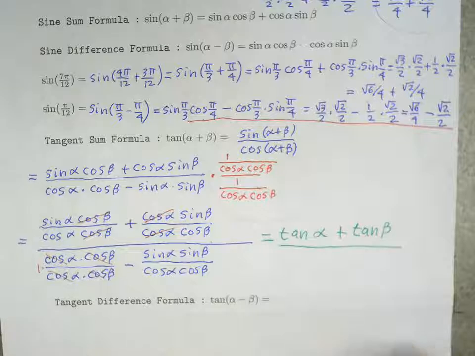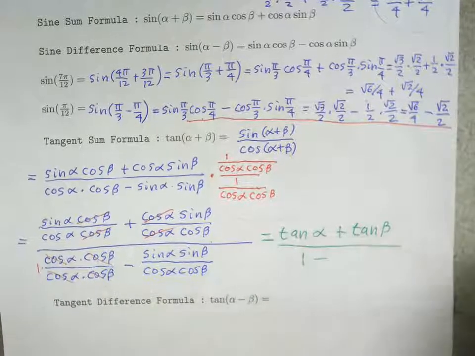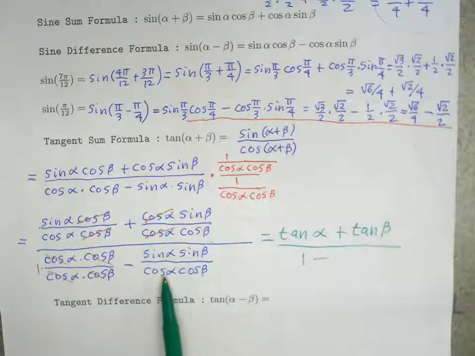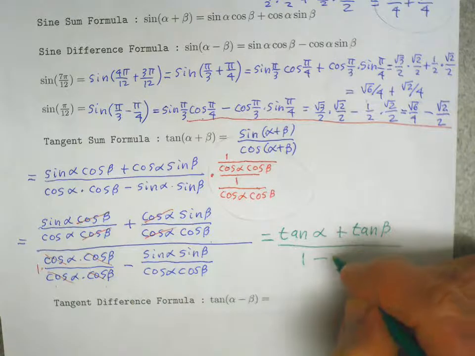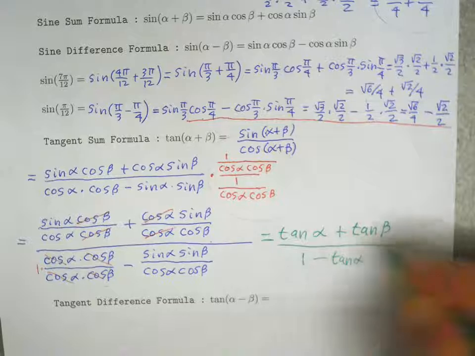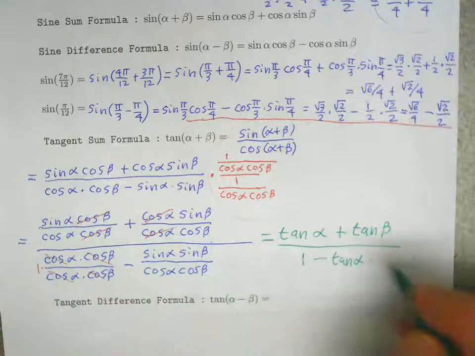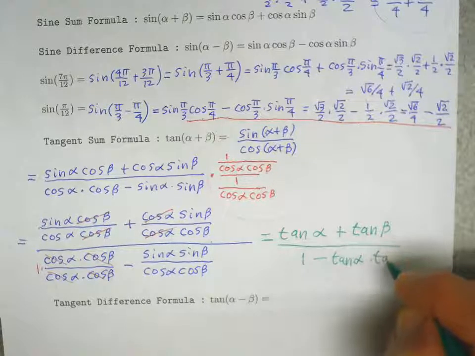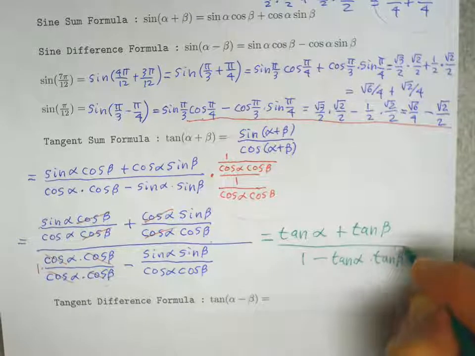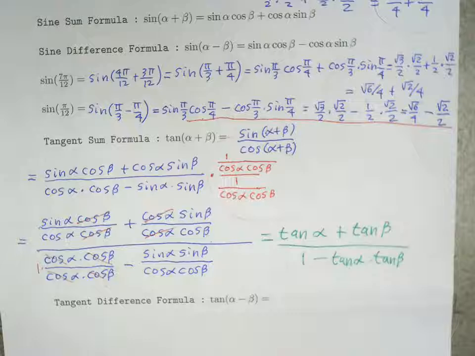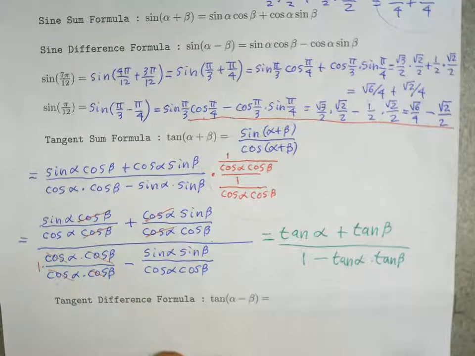And then in the denominator, the lower left, we just have 1, and then minus sine of alpha divided by cosine of alpha is tangent of alpha, multiplied by sine of beta over cosine of beta, which is tangent of beta. Okay, so that's the tangent sum formula.